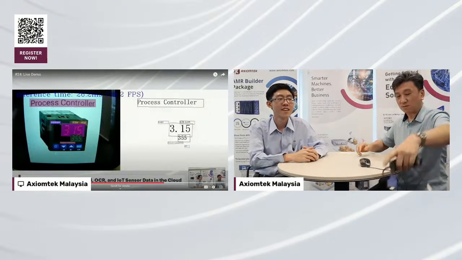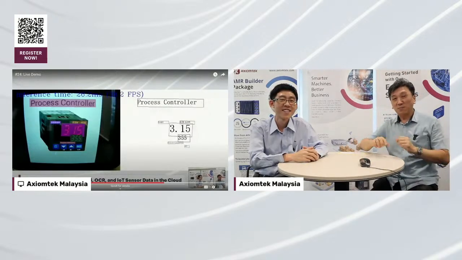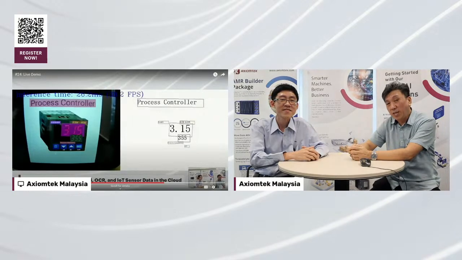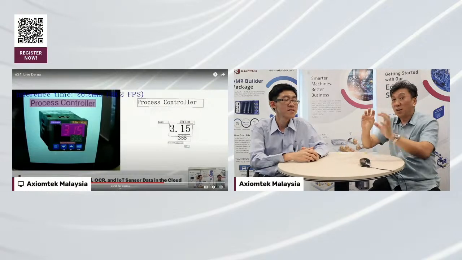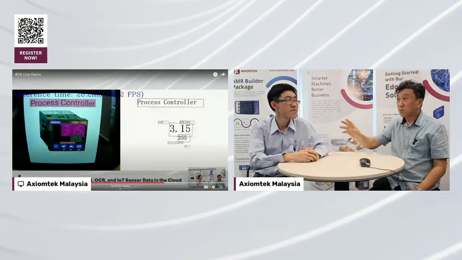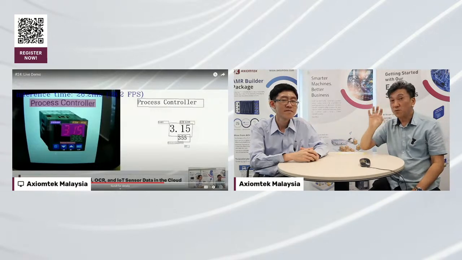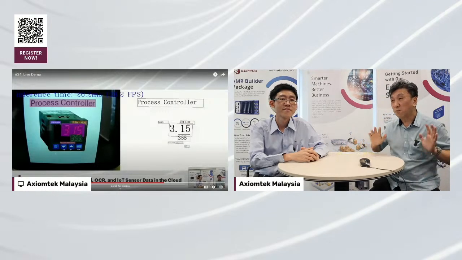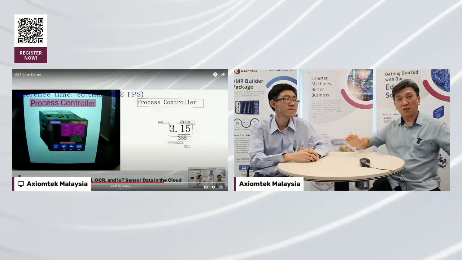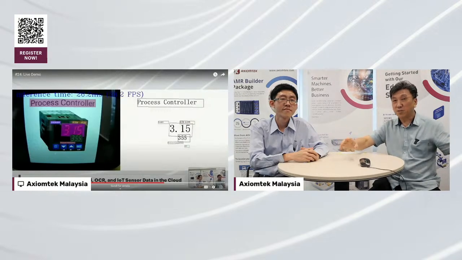We are going to show you how you can remotely extract data without applying any sensor. Let's say you have 10 machines or even 100 machines, that can be automated and data can be collected.